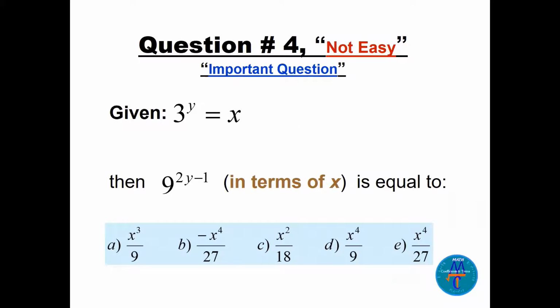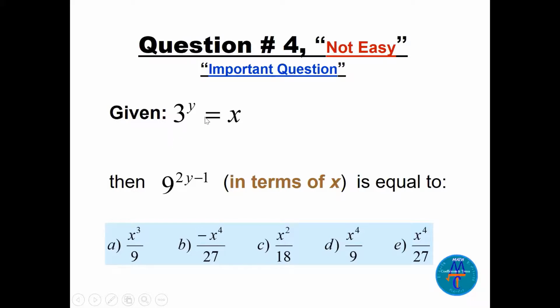Not easy question, but important. This is a multiple choice. Not easy, but it is a short question. 3 to the power y is equal to x. See, that's the given. We call it given. Every question in math is divided into 3 parts. The given. Then find this. This is the required. And then the method that you have to find. So the given, the required, and the method.